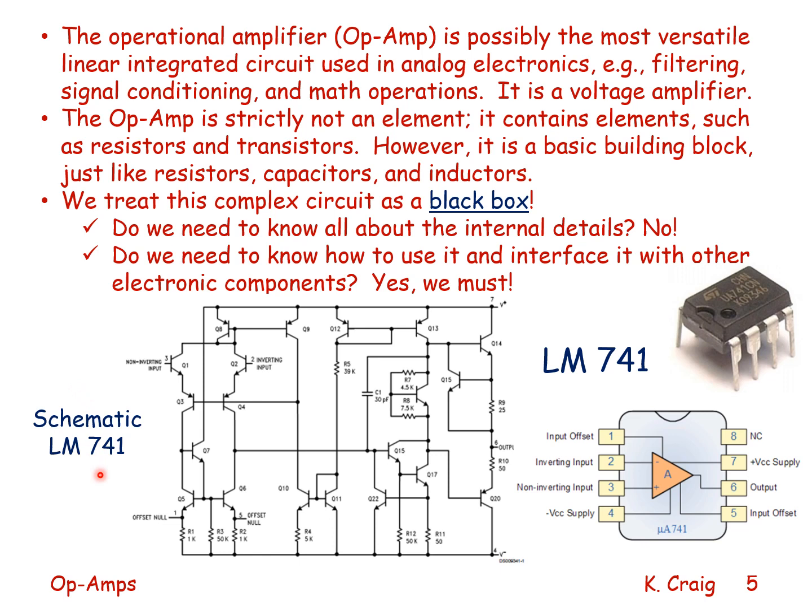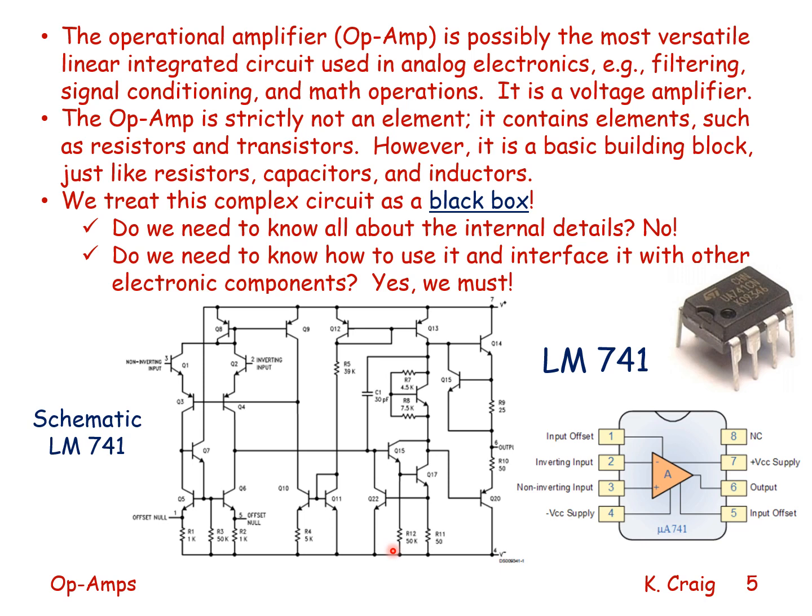Here is a schematic of the LM741 op-amp showing the transistors and resistors that are integrated in this op-amp. However, the op-amp is a basic building block, just like resistors, capacitors, and inductors.